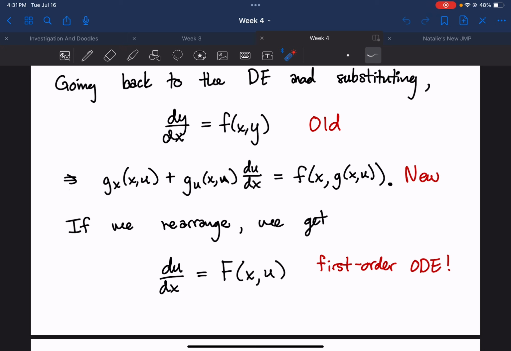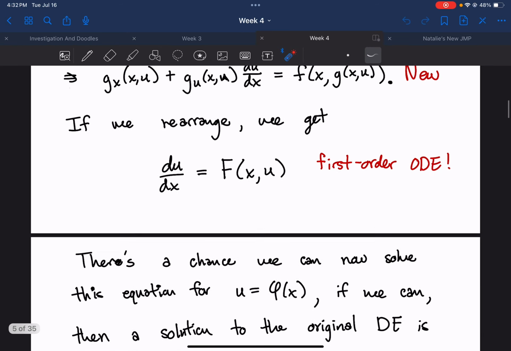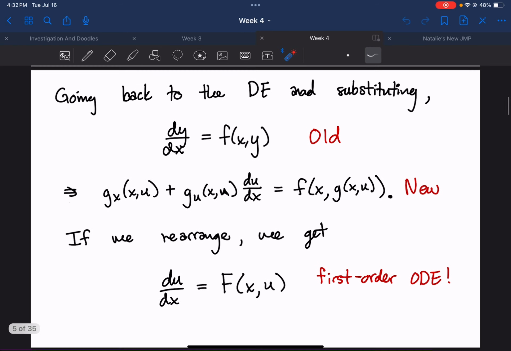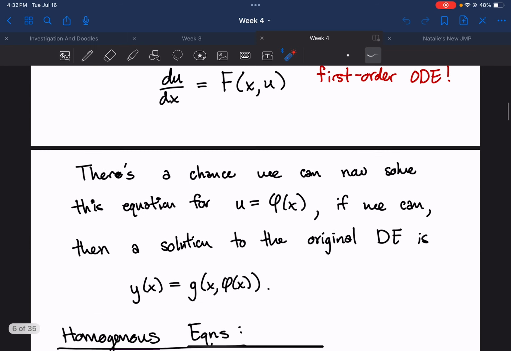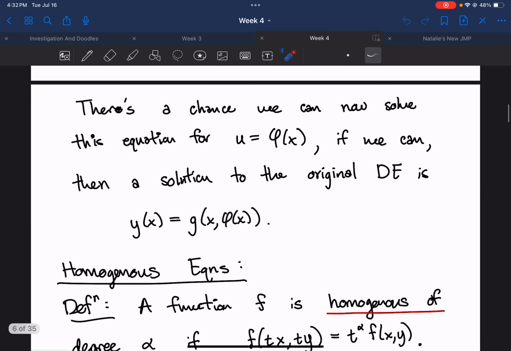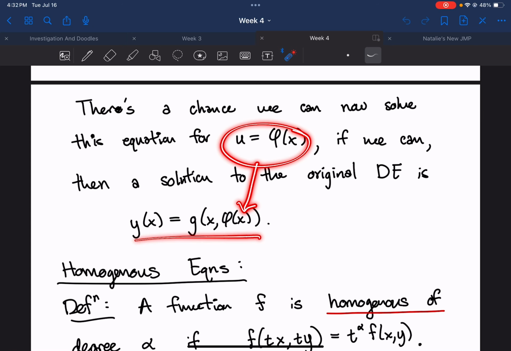And in general, it's pretty hard to know what to do. But there are some specific cases that are easier to recognize. So there's a chance that you can now solve this resulting differential equation for u, which is some function of x. And if you can, then the solution to the original differential equation can be found by plugging in this phi of x into the expression for y.